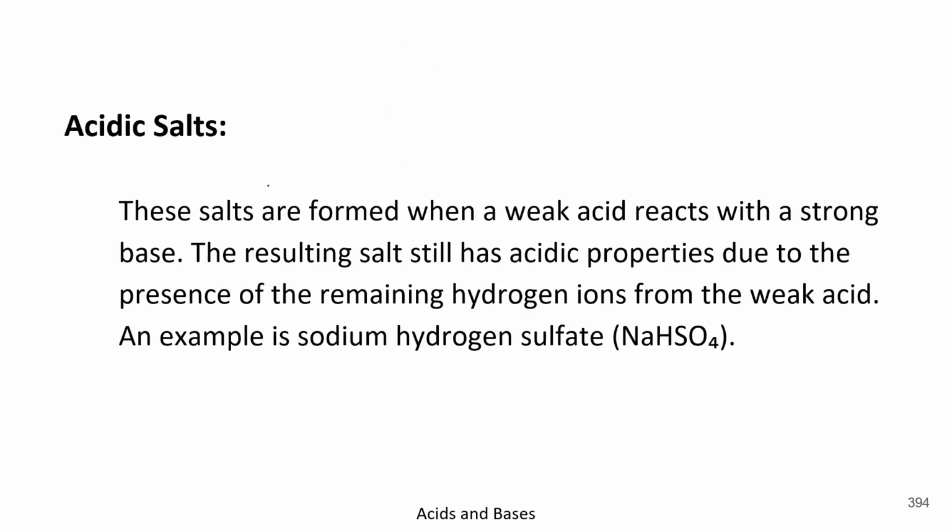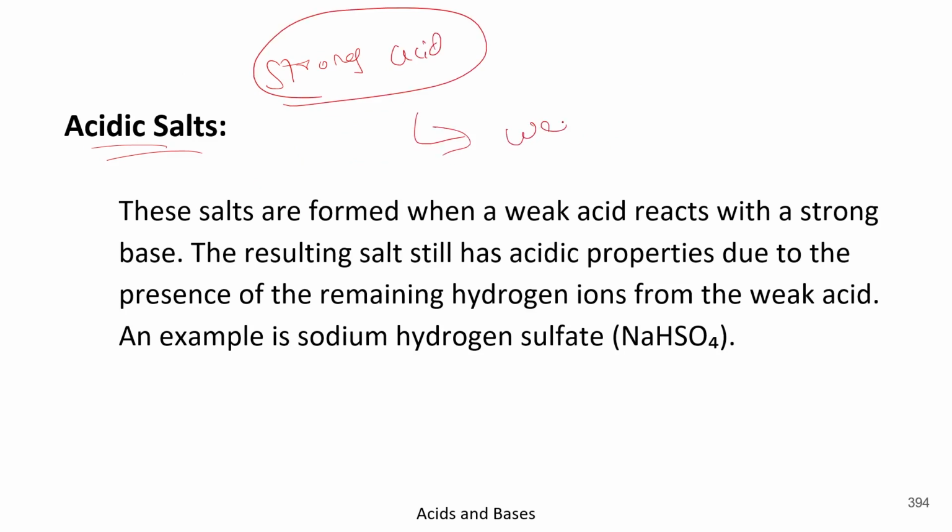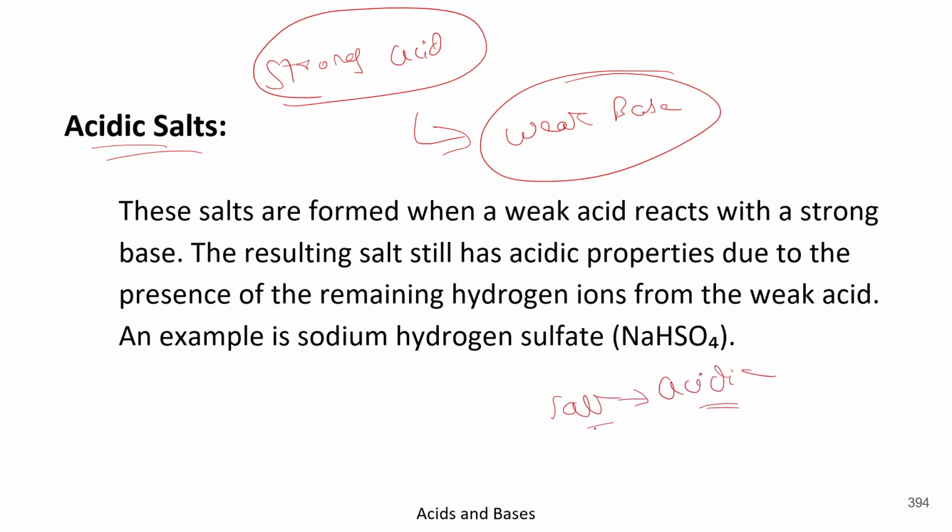Second one is acidic salt. This happens when a strong acid reacts with a weak base. In that case, the salt will be acidic because the acid has more power.